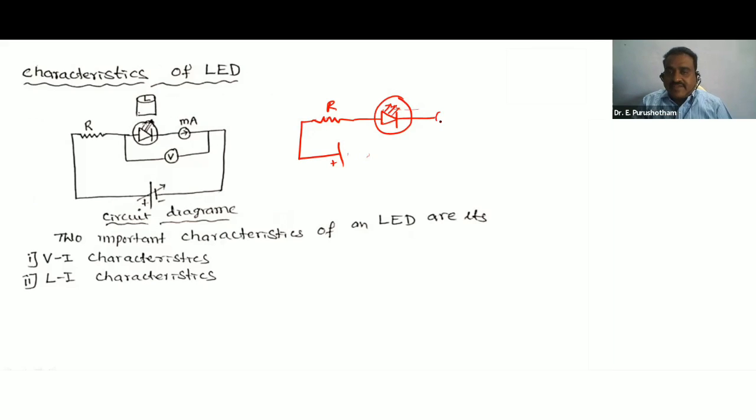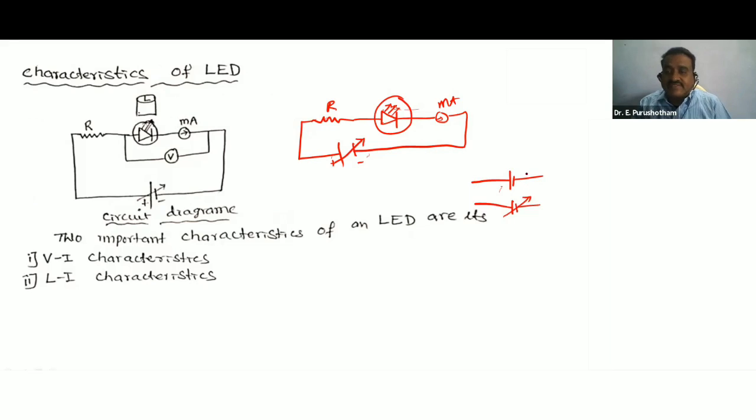The n-type semiconductor is connected to a milliammeter, and this milliammeter is connected to the negative terminal of the battery. This is a variable battery.